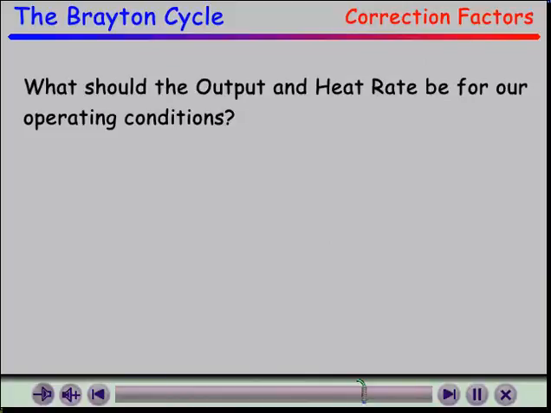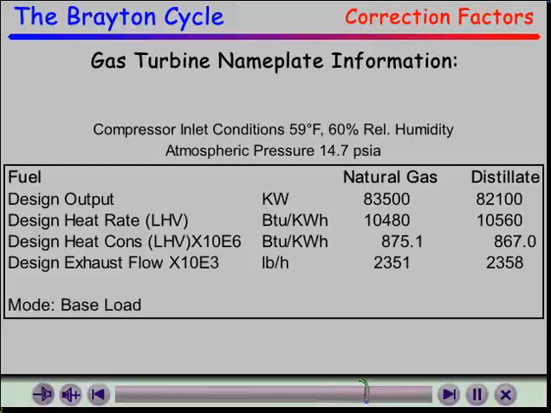To help illustrate how the correction curves are used, we will go through an example performance calculation. The machine that these curves apply to is rated at 81.2 megawatts, burning distillate fuel at 59 degrees Fahrenheit, 14.7 psi of atmospheric pressure, and 60% relative humidity.